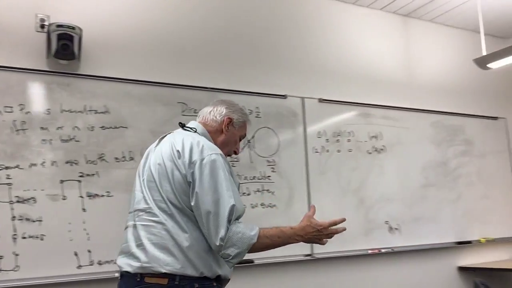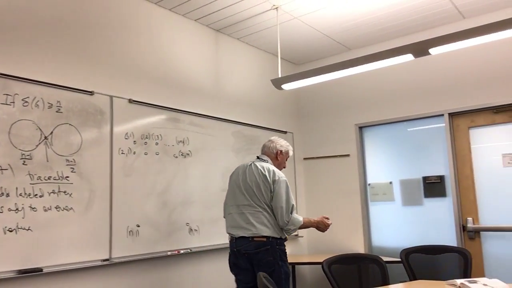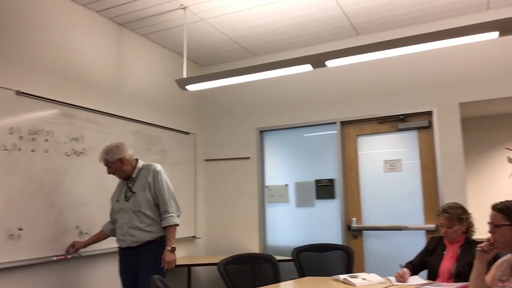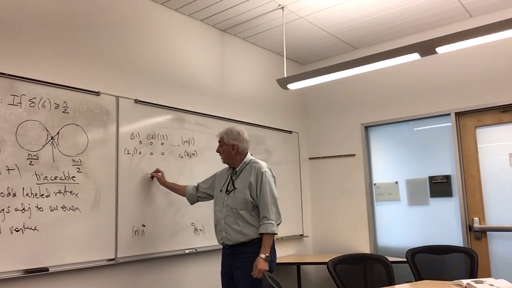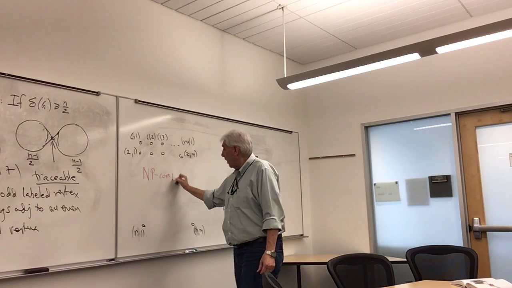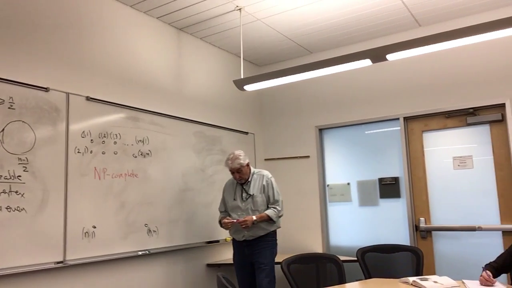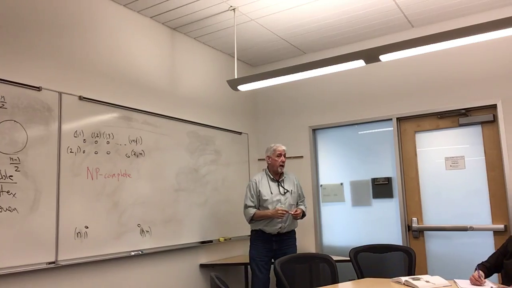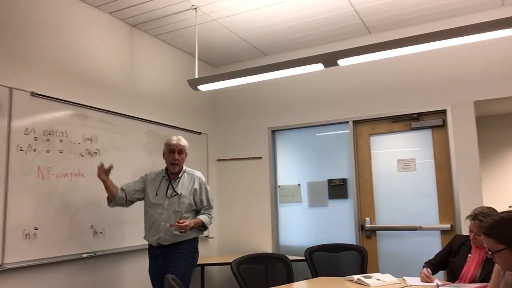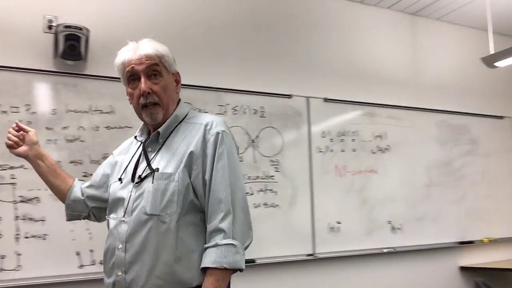So in general, this is what's called an NP-complete problem. This is out of the scope of what we're going to talk about, but NP-complete means that it's non-polynomial to actually determine whether a graph has a Hamiltonian cycle or not.